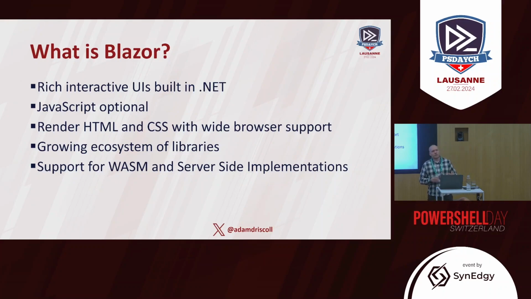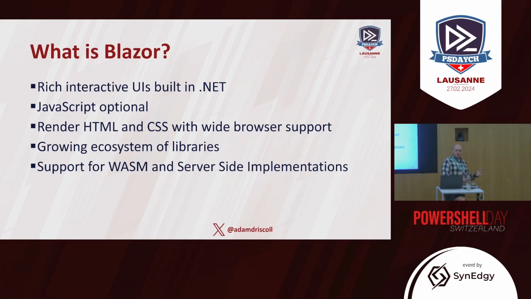So rather than having to write all the JavaScript in between an ASP.NET Core HTTP REST API and something like a React web app, you can actually write C# code that interacts directly with the browser and generates that HTML and CSS without having to write a whole bunch of that yourself. You can execute JavaScript, but JavaScript is optional.